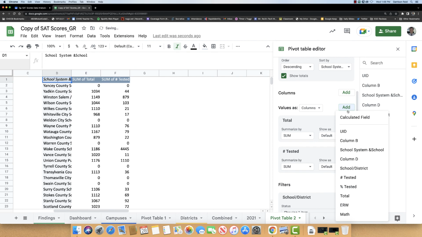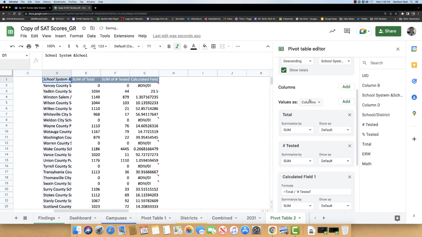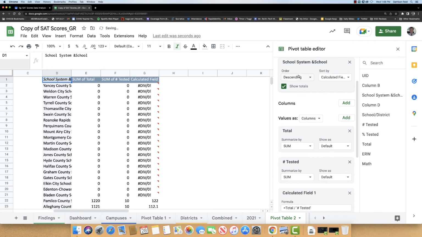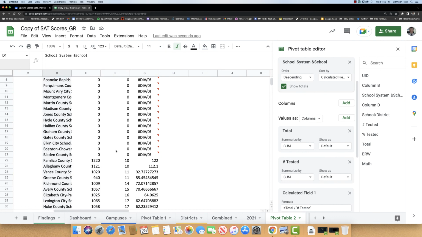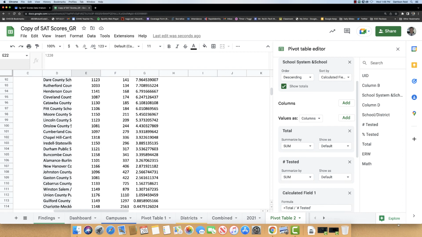And I wanted to create now a conditional field that is equal to total over number tested. Again, this doesn't tell us much. In fact, I don't know what it tells us at all. And again, I guess you would have to multiply times something to get an average. This is just saying like these schools had few students and they did pretty well. I think you probably need to get some clarification on that.